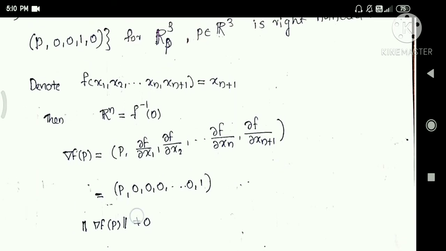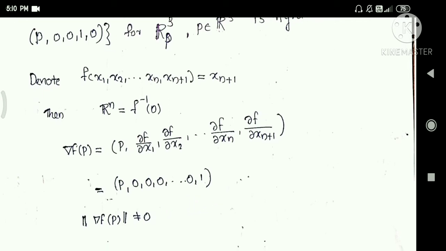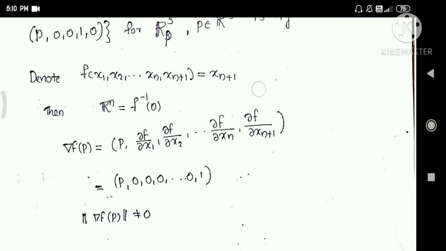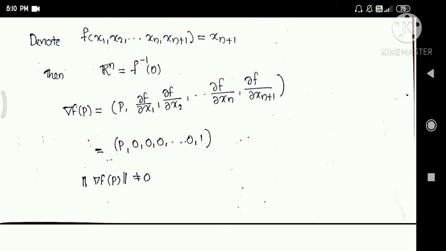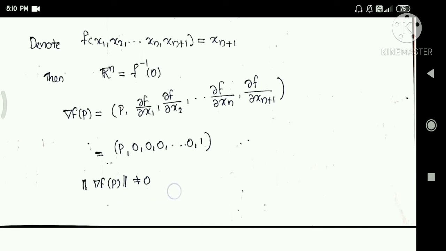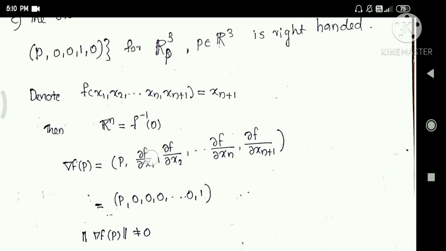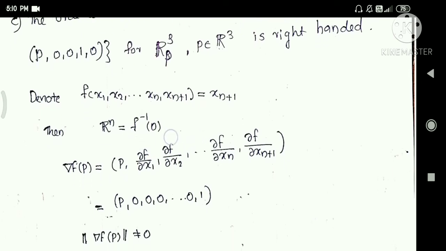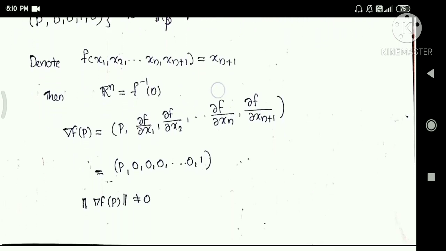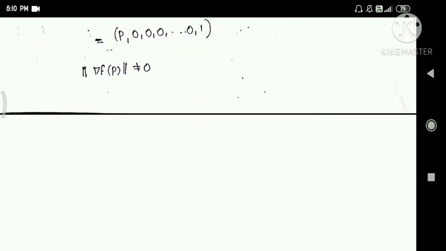Here it is equal to p 0 0 etc 0 1, because dou f by dou xi equal to 0 for each I equal to 1 to n, and dou f by dou xn plus 1 is equal to 1. Hence del f of p is not equal to 0. So Rn is the n-surface corresponding to this function f.